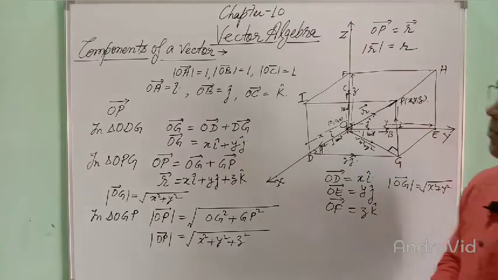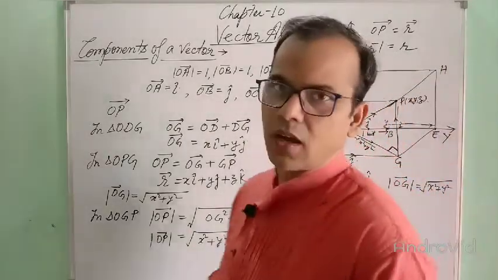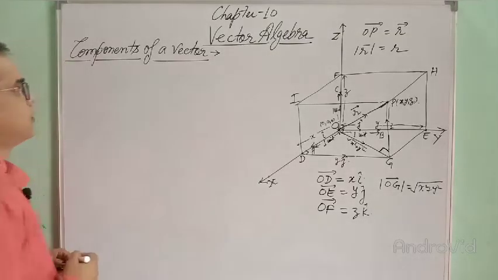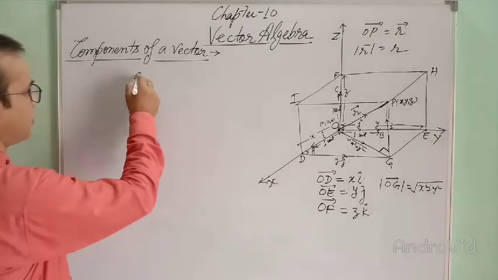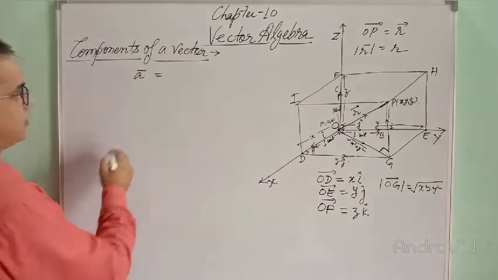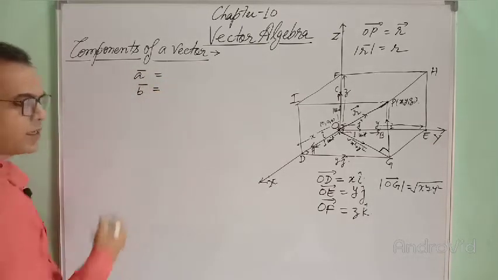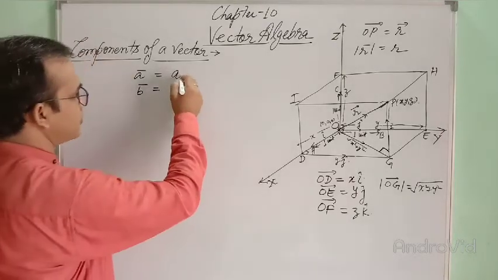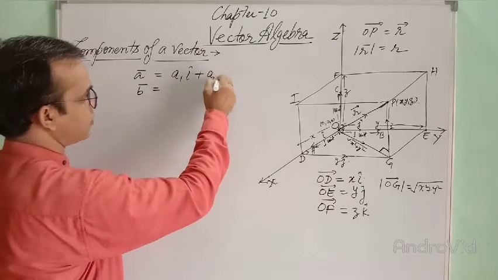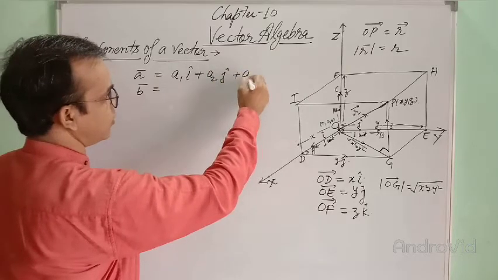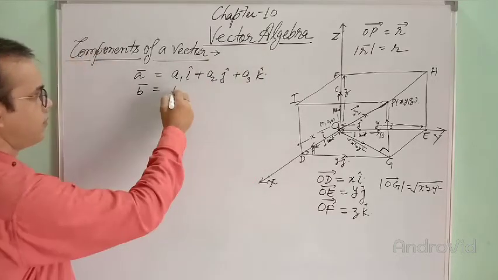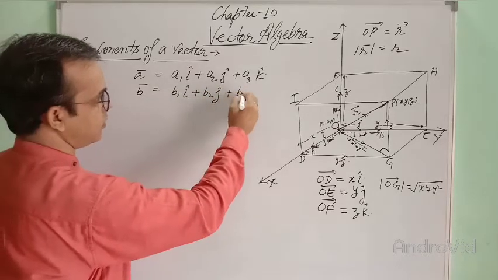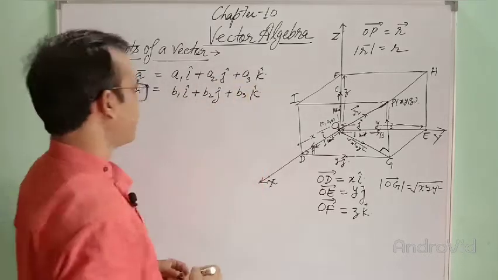Now we will discuss some properties that are related to the components of a vector. So let's see now. Let's consider the two vectors A vector and B vector, and we write them in component form. So A vector is written as A1 i cap plus A2 j cap plus A3 k cap, and B vector is B1 i cap plus B2 j cap plus B3 k cap.